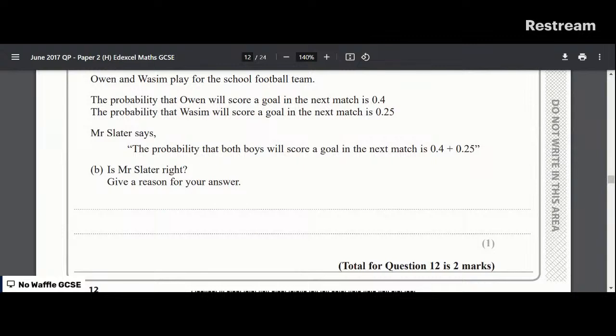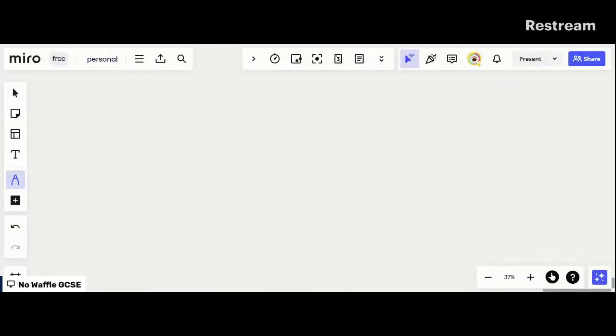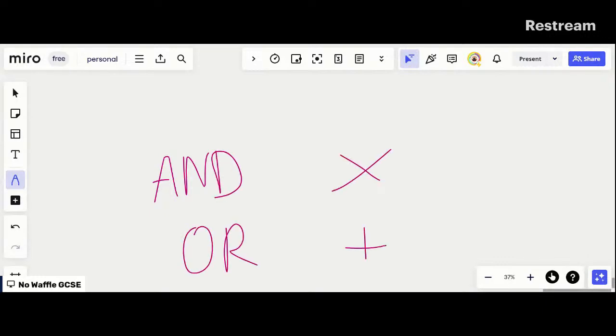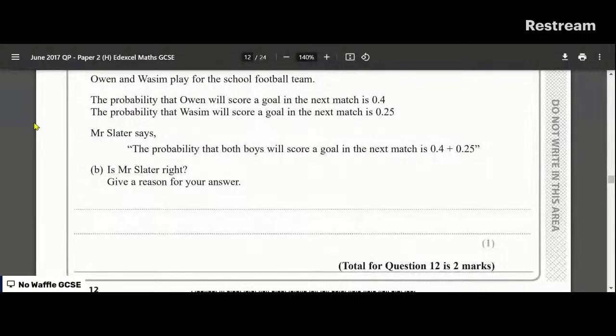Remember, key rule in probability that just works with everything: if it says and, then you always multiply. If it says or, you add. Because it's both boys, so Owen and Wasim, it would be 0.4 times 0.25. Mr. Slater did not pass maths 100%.